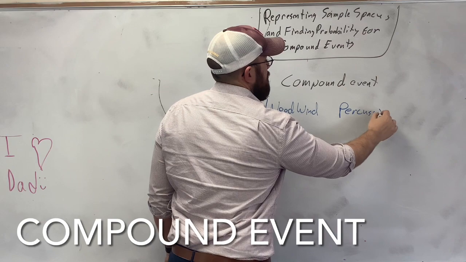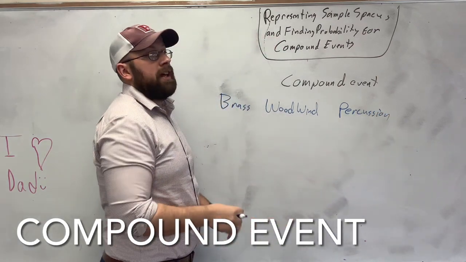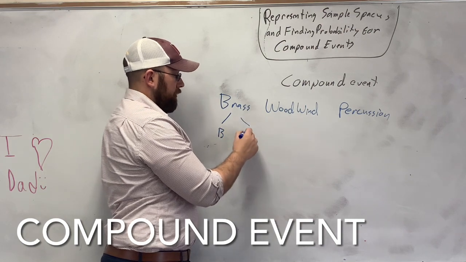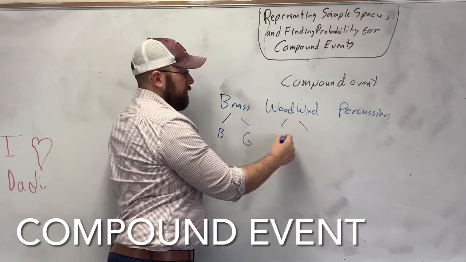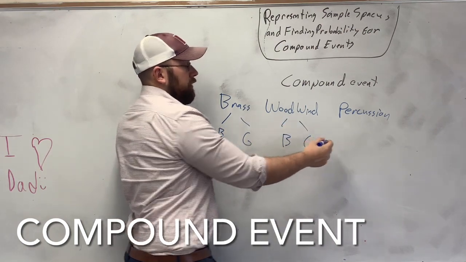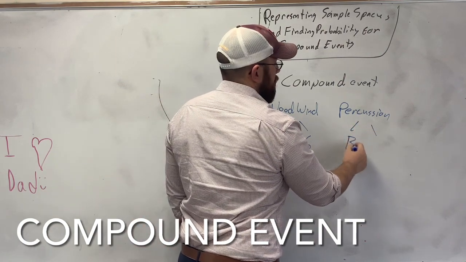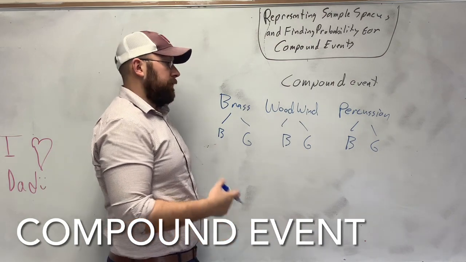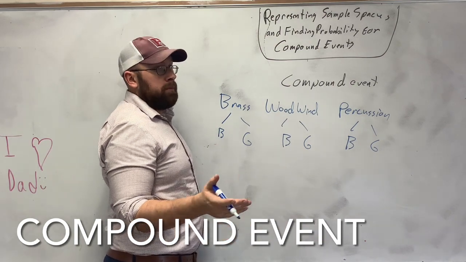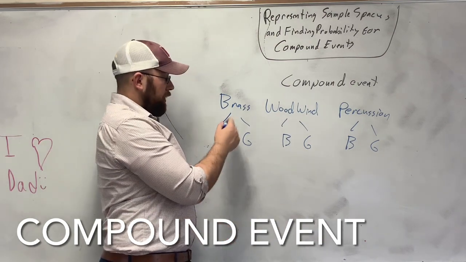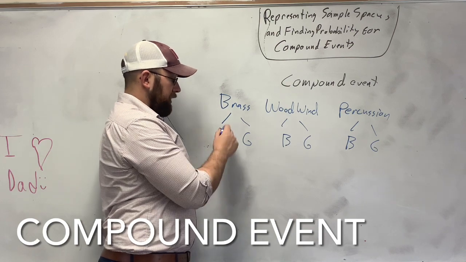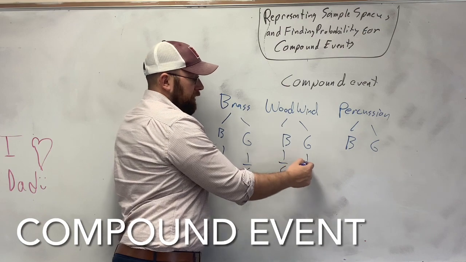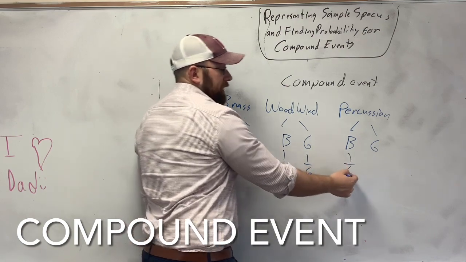Alright, so we're going to make a tree diagram of this, and for each category you have a boy and a girl. Boy, girl, boy, girl, boy, girl. So this would be the uniform probability model, right? So I have a 1/6 chance of getting a boy that does brass, 1/6 chance of a girl that does brass. So it's all a 1/6 chance of me picking one of those.